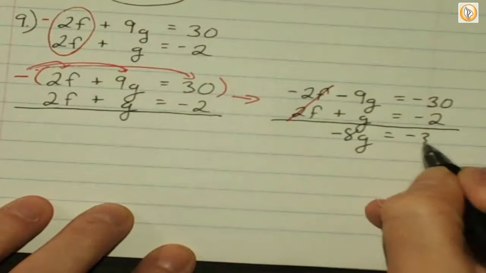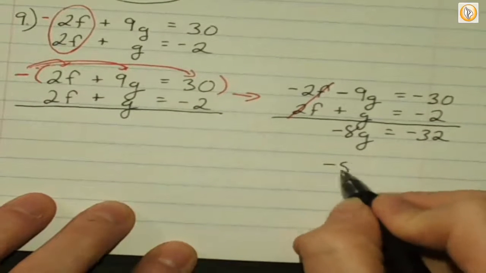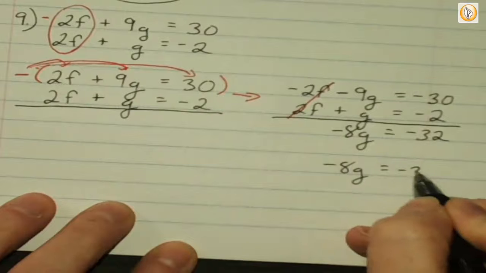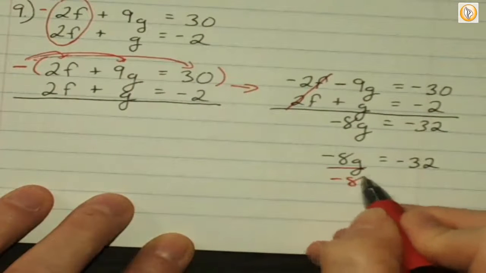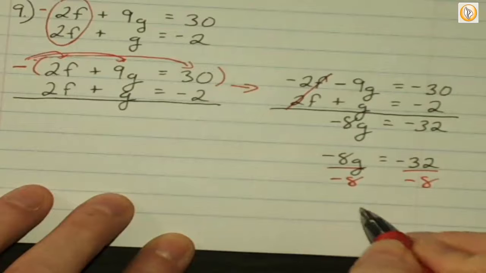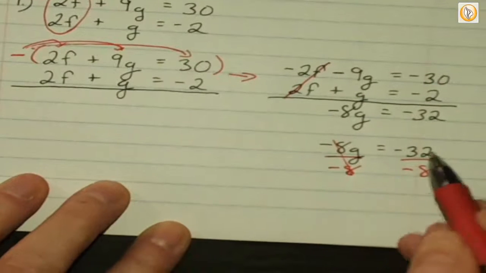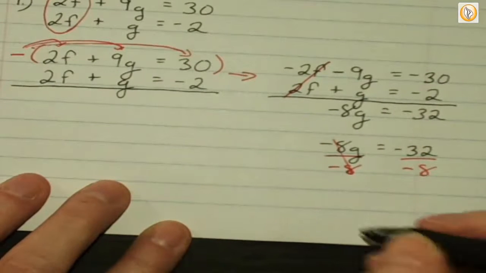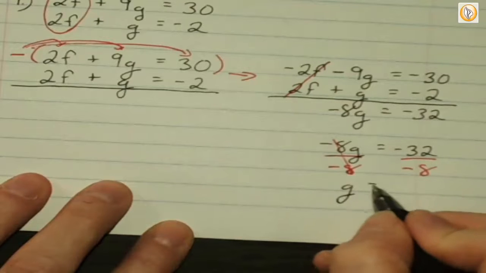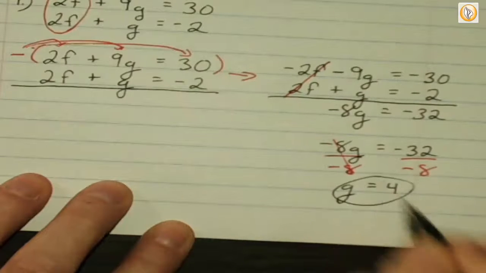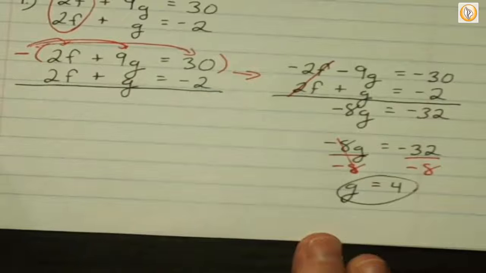There you go. Y'all don't know who I'm going to call, so y'all better be ready. Rewriting it. Okay, and of course we divide both sides by negative 8. Negative 32 divided by negative 8 is what, Gabby? Positive 4. Okay, so I have one of my ordered pairs.